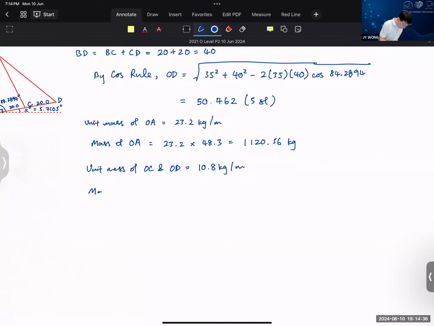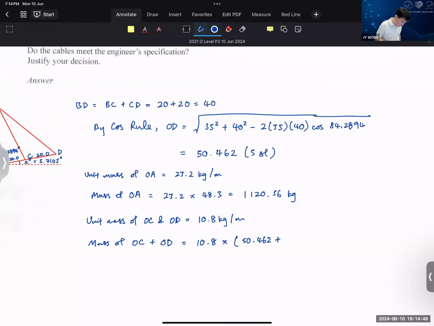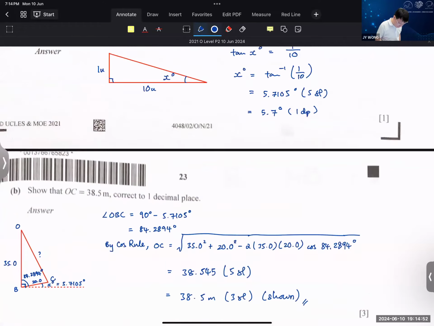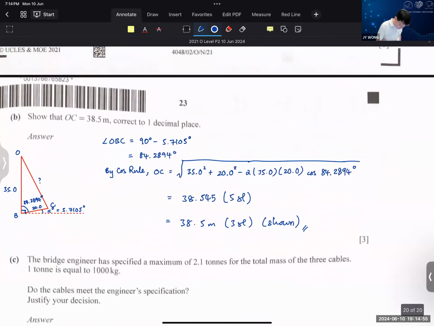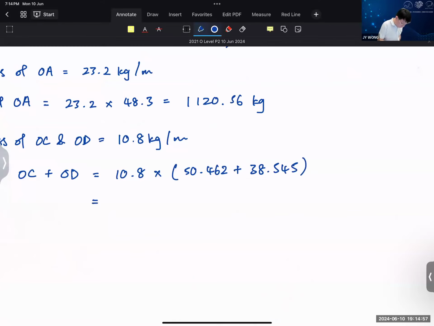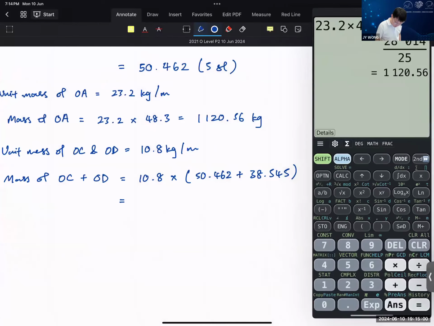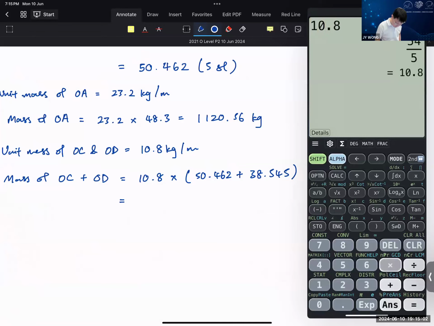So mass of OC plus OD is equal to 10.8 kg times, what's your total distance? 50.462 plus 38.545, which will give you 961.2756 kg.